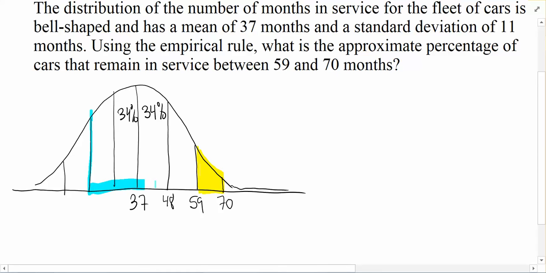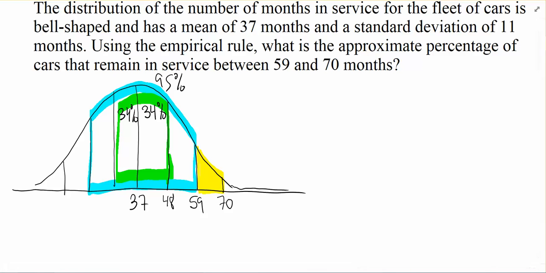Now, if we continue that reasoning out, remember that within 2 standard deviations away was 95%. But 68% of that is already accounted for in here. So if I want to know what those 2 bars are that are just outside my 34%, their total is going to be the 95% minus the 68% that we've already accounted for.